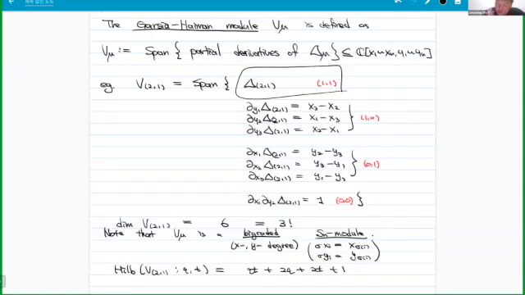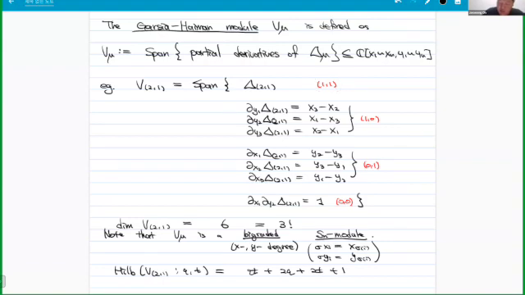So for the degree (1,1) part, since this is a determinant and the S_n action permutes the columns because it permutes the coordinates, it gives a sign. So that part is the sign representation. If you are familiar with this, you can see that these two-dimensional submodules are the irreducible representation S21.